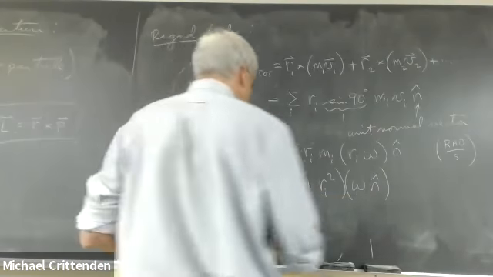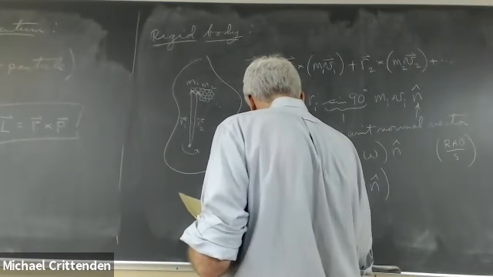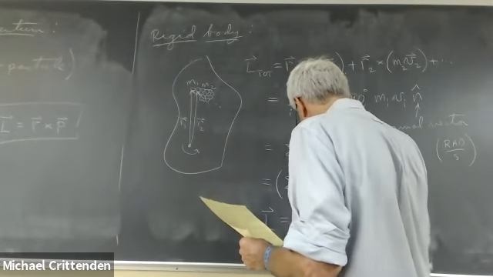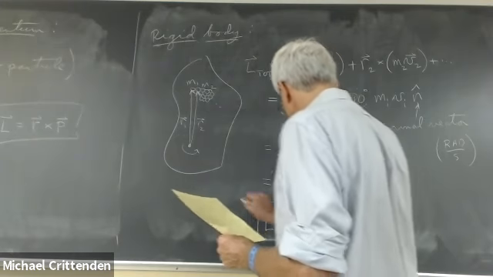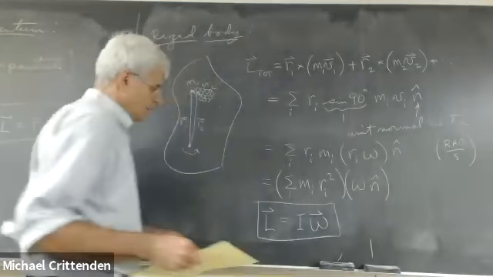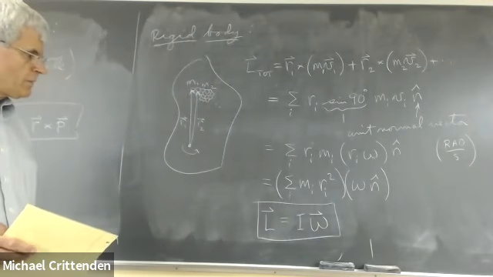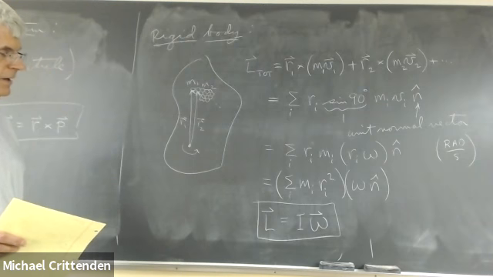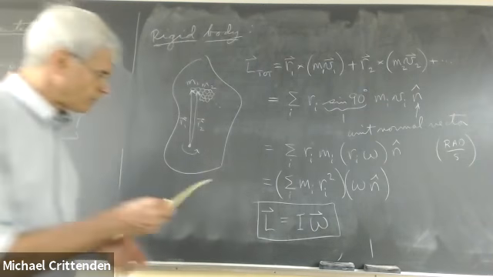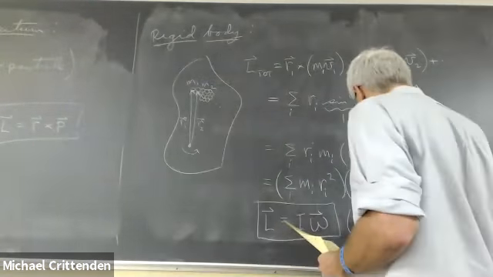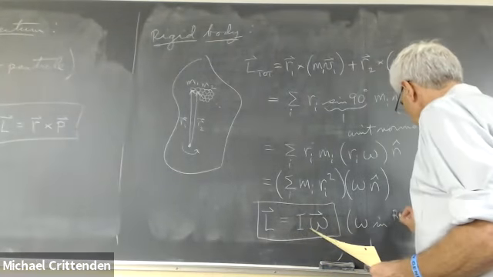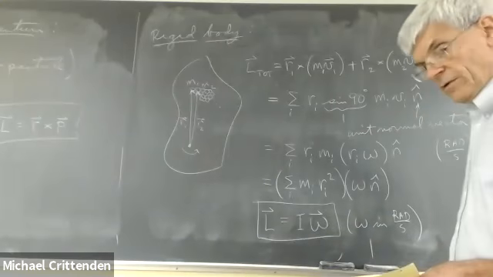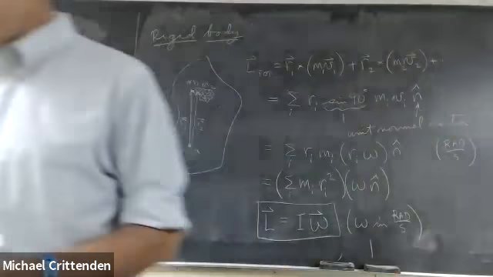So the moral of the story is the angular momentum of a rigid body can be found by multiplying its angular velocity times its moment of inertia. Don't forget to use radians.